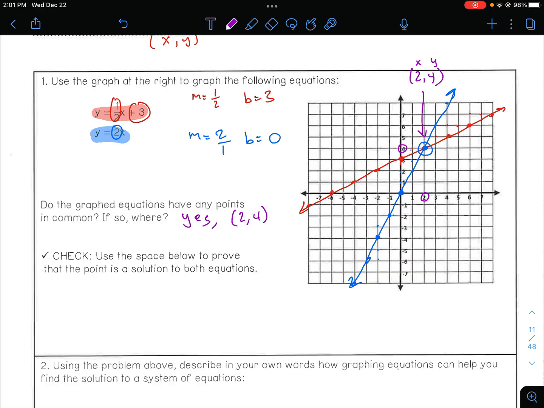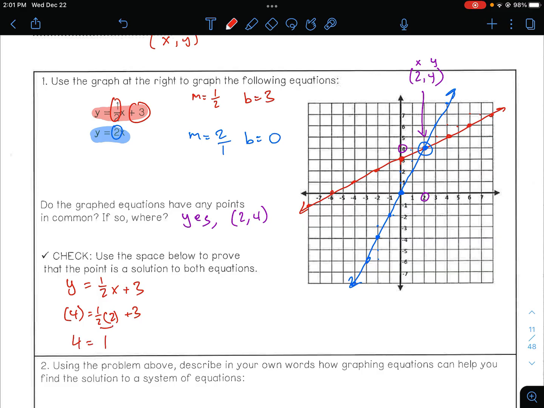Check: use the space below to prove that the point is a solution to both equations. So what I'm going to do is use my first equation, y equals 1/2 x plus 3, and I'm going to put in 2 for x and 4 for y and see if this is true. Does 1/2 times 2 is just 1.